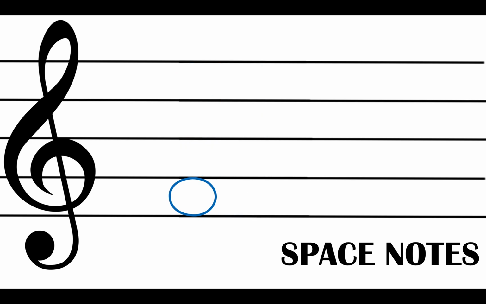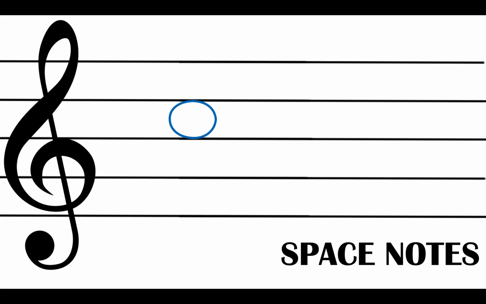Let's try. What note is this? Very good. This is an F because it is in the first space. So we think of the first letter of the word face, and that is an F. How about this one? This note is in the third space.